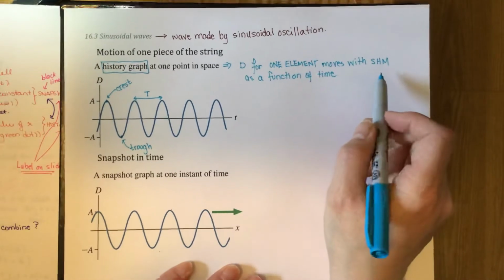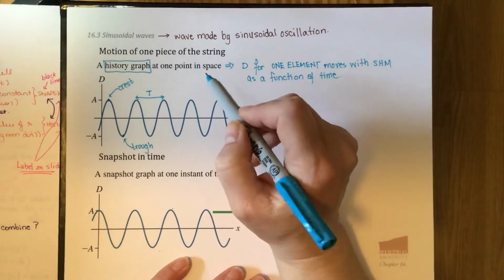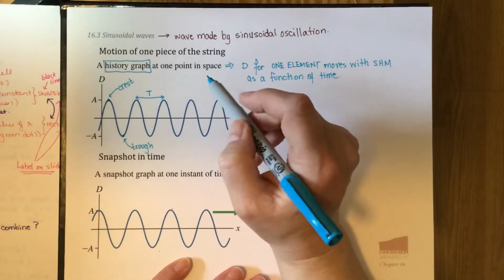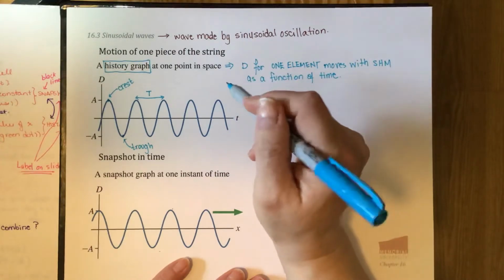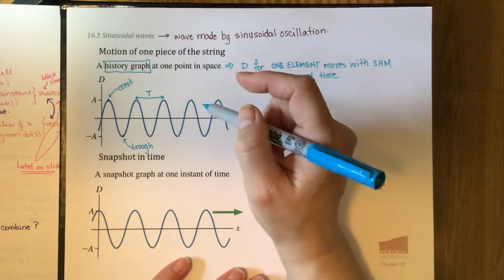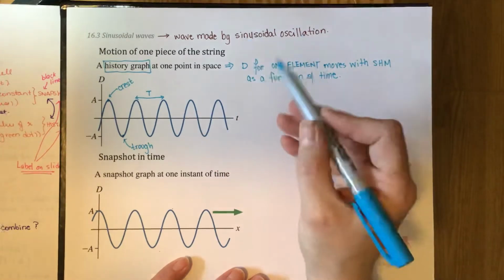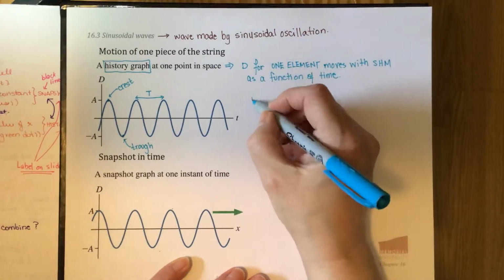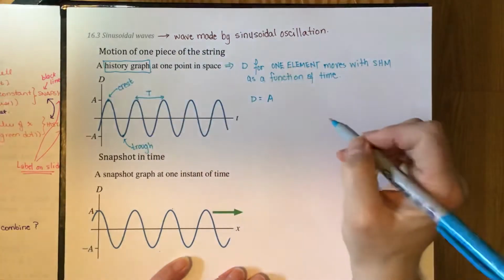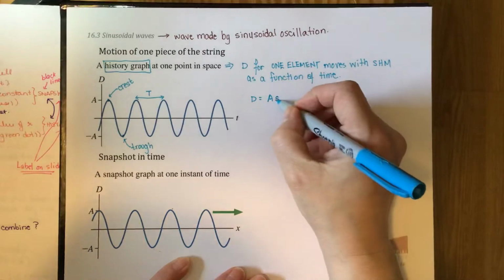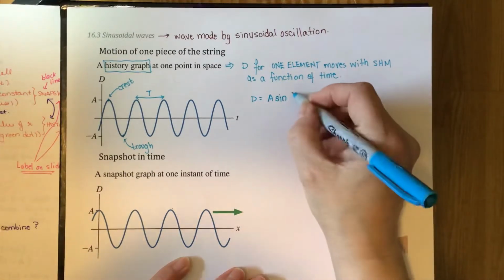Something moving in simple harmonic motion or a sinusoidal wave means it can be described by a sine or a cosine. In Chapter 15 we used cosine. For traveling waves it's more typical to use sine. Either one is legitimate, but I'm going to stick with your textbook which uses the sine notation. So the height of one element as a function of time has some maximum value A, the amplitude, changes sinusoidally, so we'll describe it with a sine function.